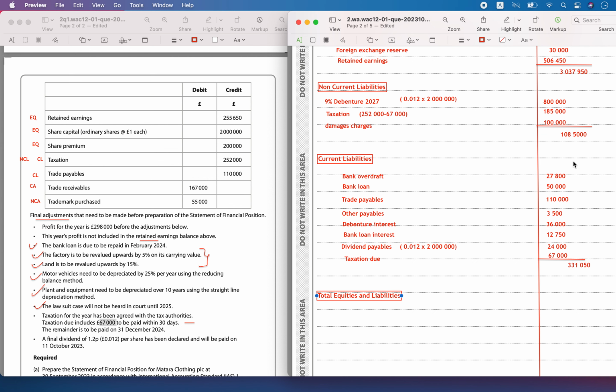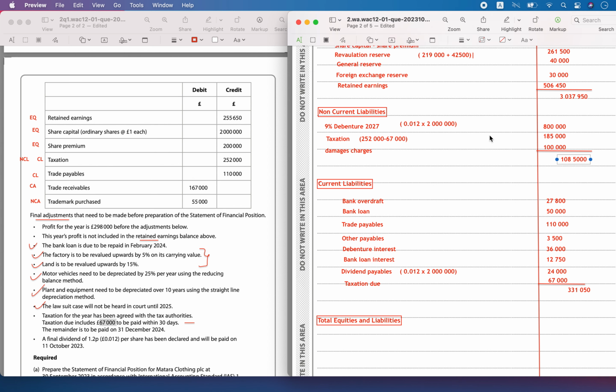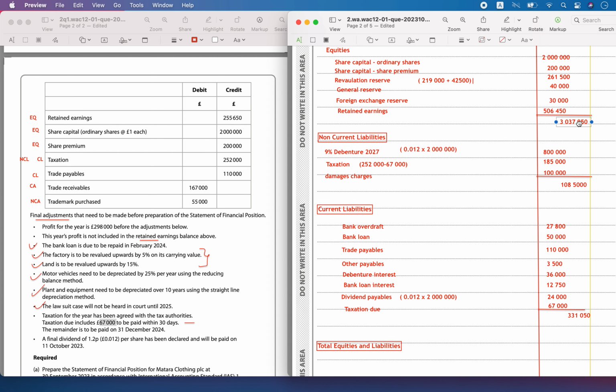So that is the current liabilities. Now let's add up the total of equity, the total of non-current liabilities and the total of current liabilities.